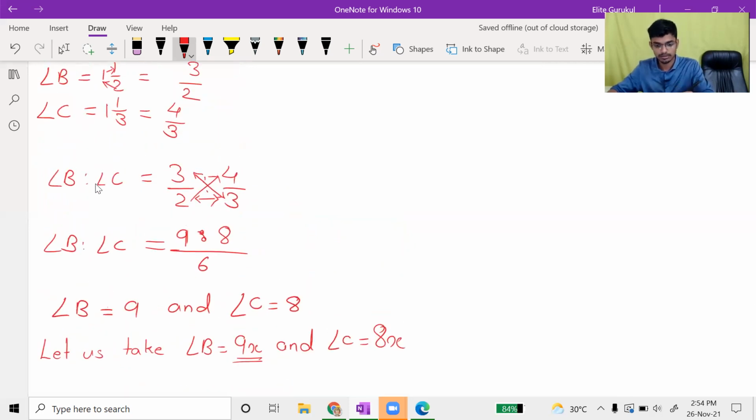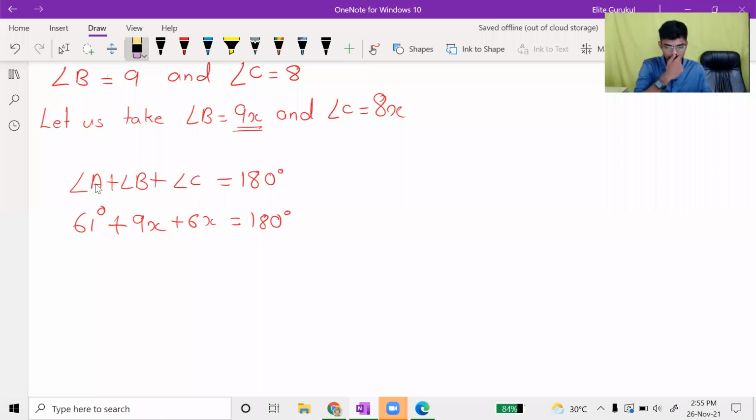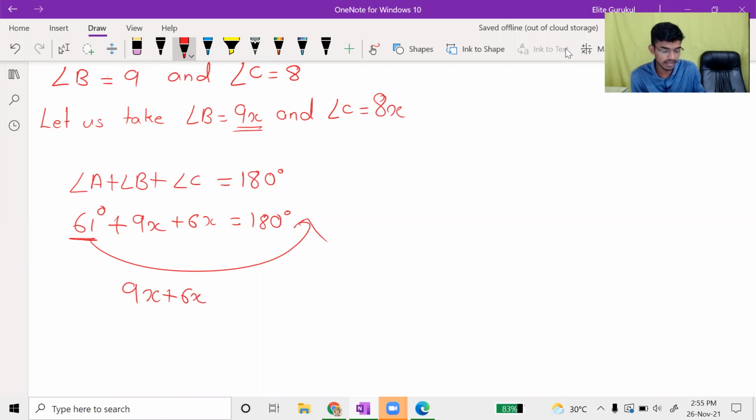First of all, we have 61 degrees. We will transfer it to the other side. So 9x plus 6x will remain as it is, equal to 180 degrees minus 61 degrees.